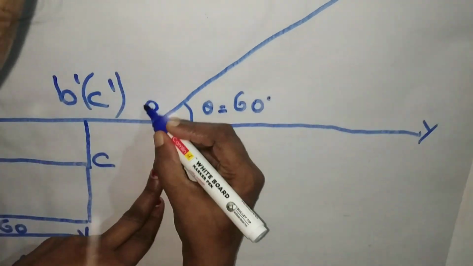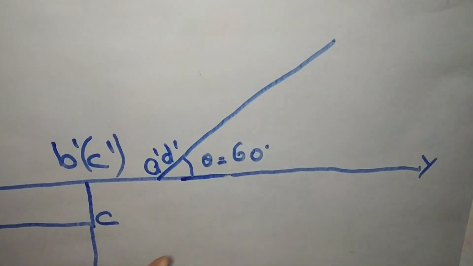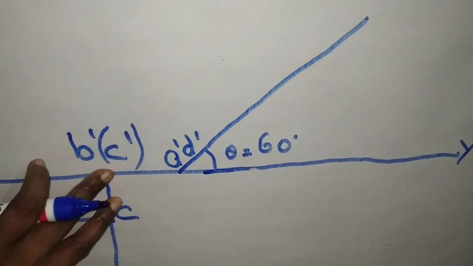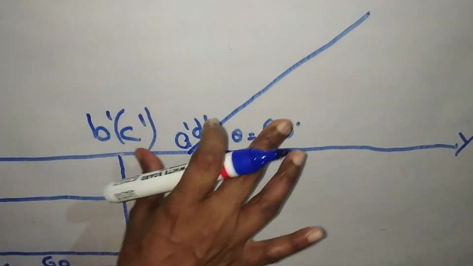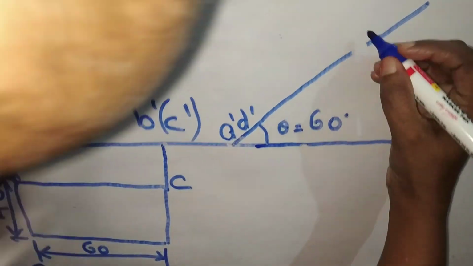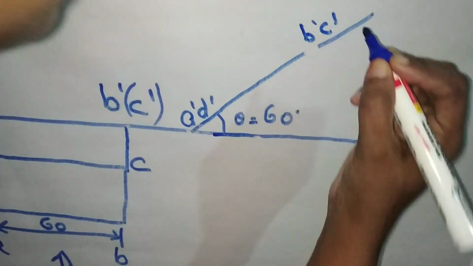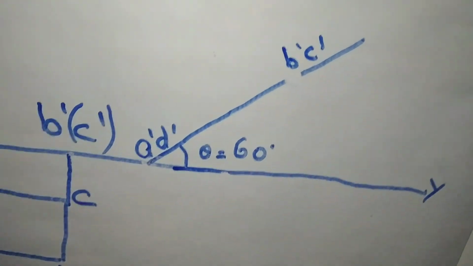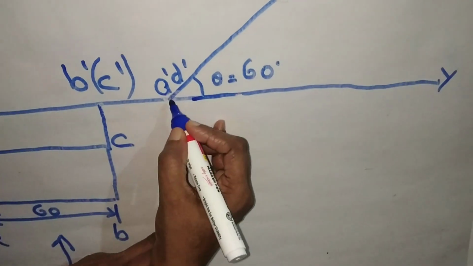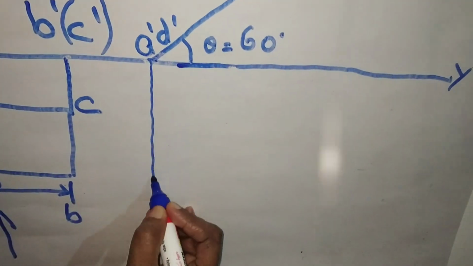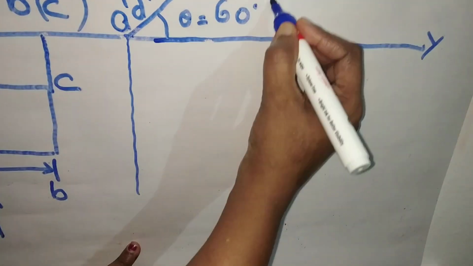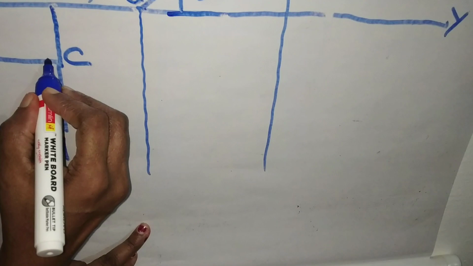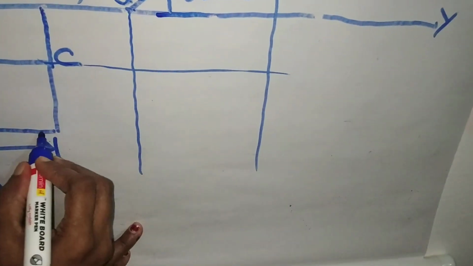I name this A dash, D dash, and the same distance, almost the same, from A to D, D to C. So this is my B dash, C dash. Clear? Now after this I'll draw thin projection lines projecting from the given points.